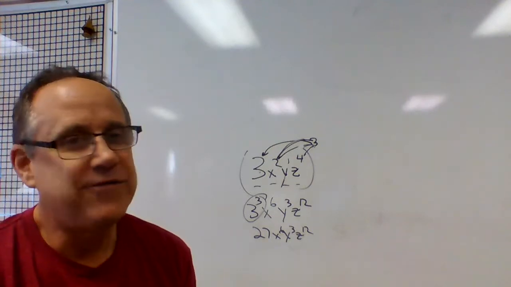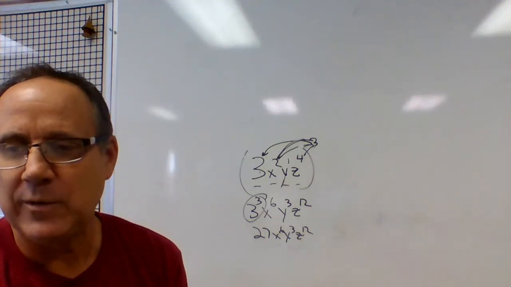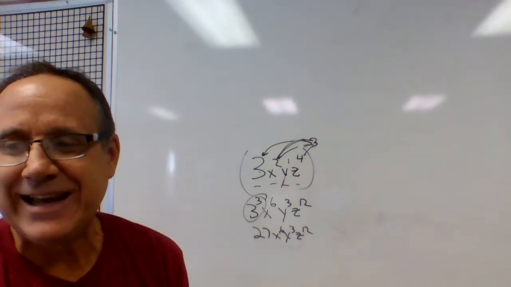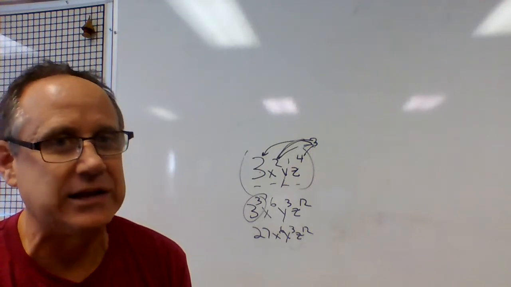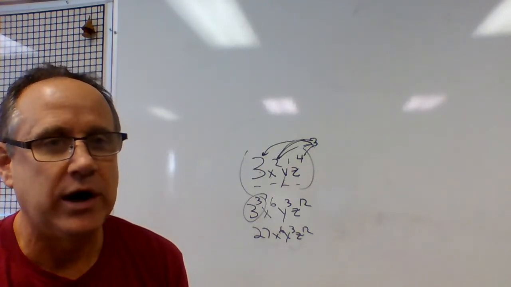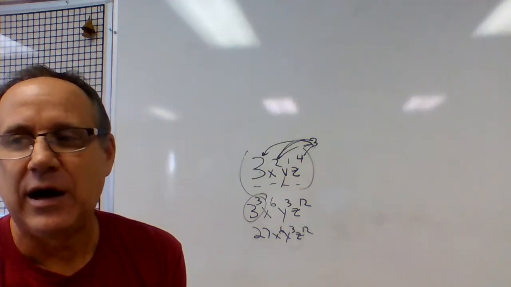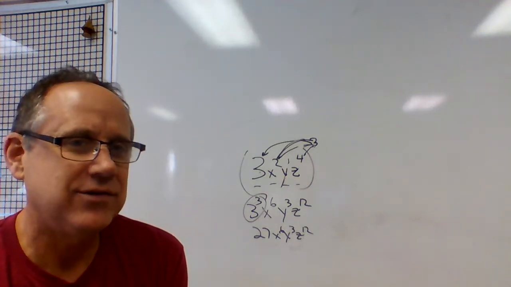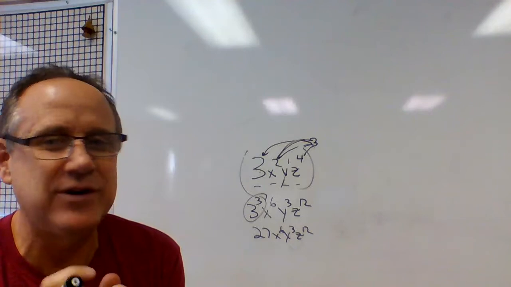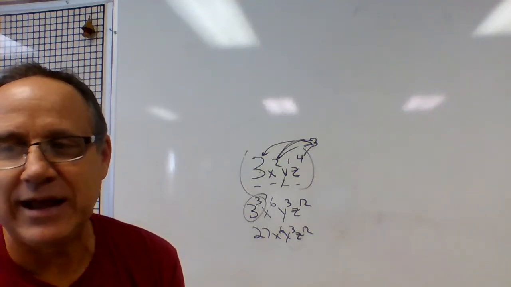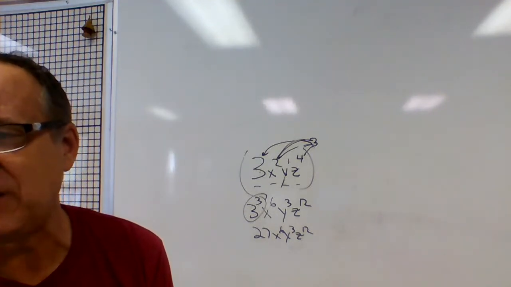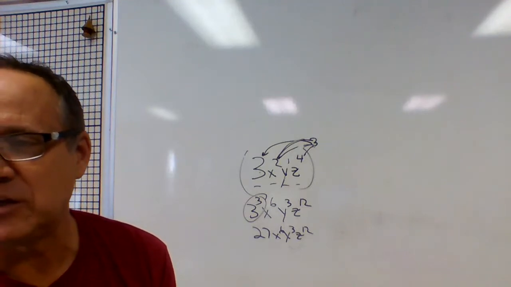And on page 394, take a look at those examples. They're getting a little bit more complicated, where remember, apply the exponent to every single base. So let's look at the key concept of page 394. Simplifying monomial expressions.